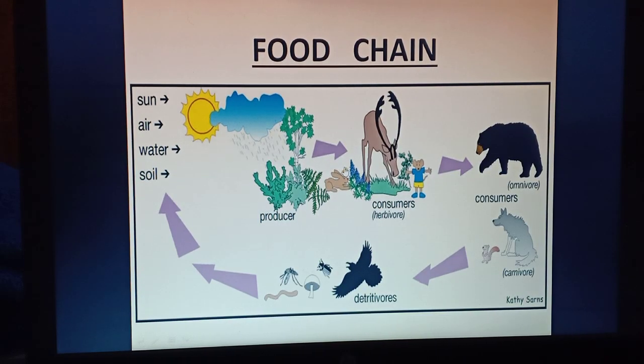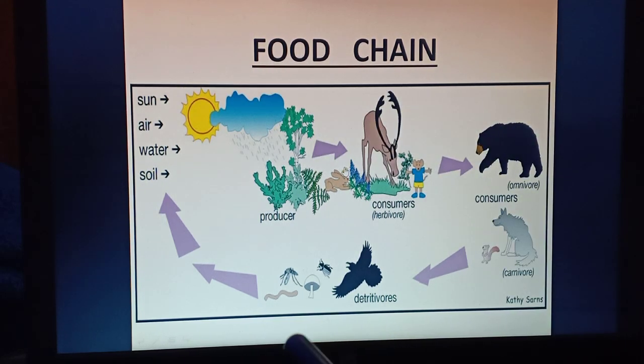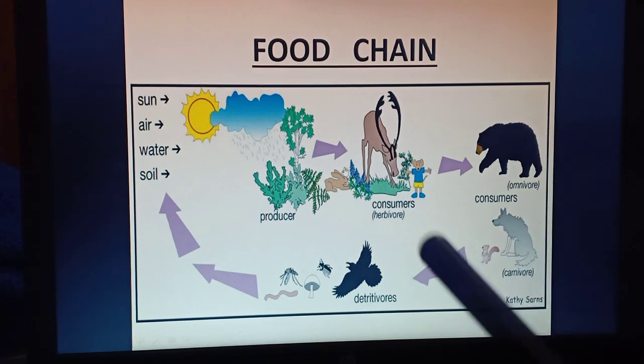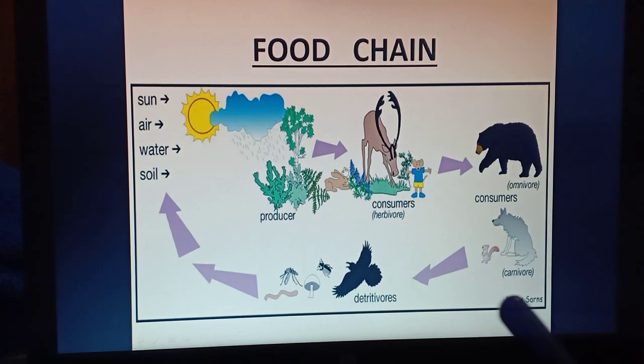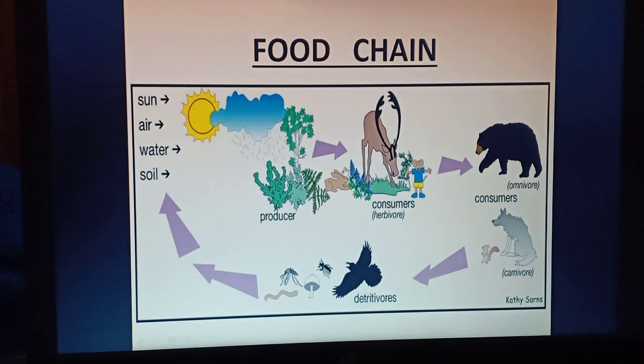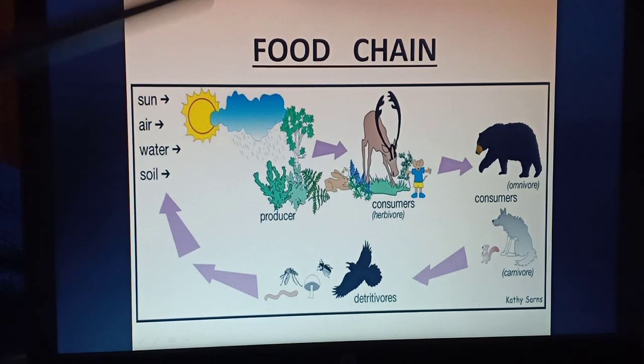As you all can see in this picture, you can easily understand the perfect meaning of food chain. It is a process of consuming plants by herbivorous and herbivorous by carnivorous. There is a transfer of energy from one level to another level, which is called what? Food chain, right?